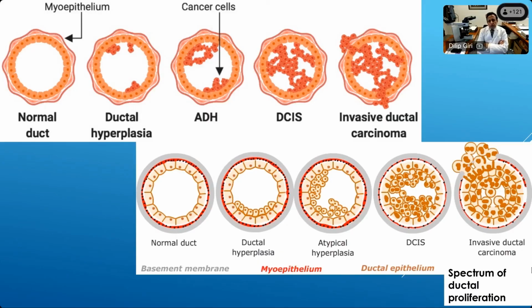So it would be like ADH, low-grade DCIS, and then luminal type of invasive carcinoma or well-differentiated invasive carcinomas. This does not necessarily illustrate what happens at the high-grade end. So I think that's something important to remember when it comes to the life history of ductal lesions in breast.